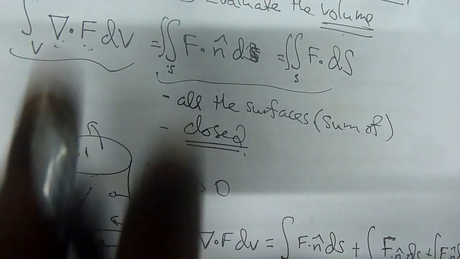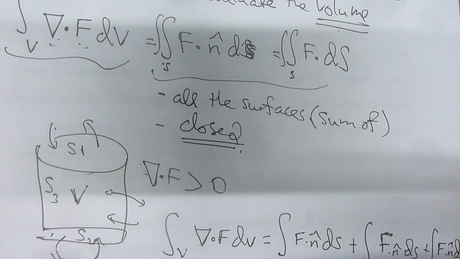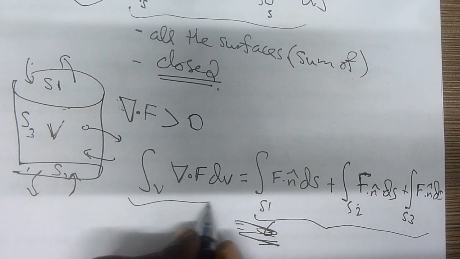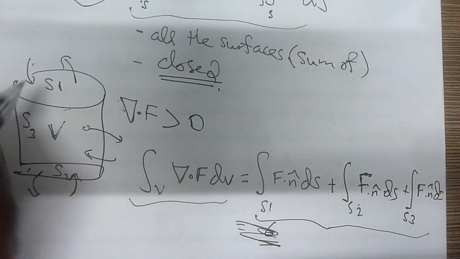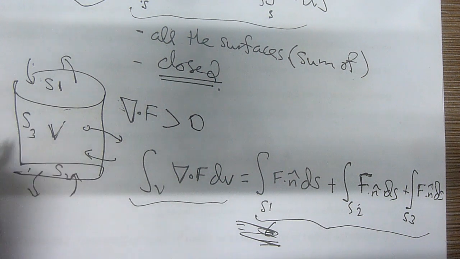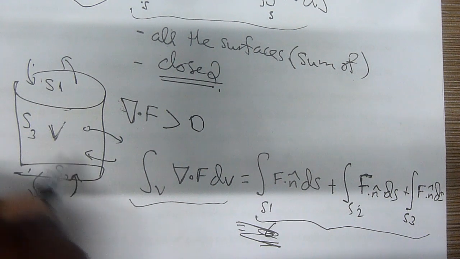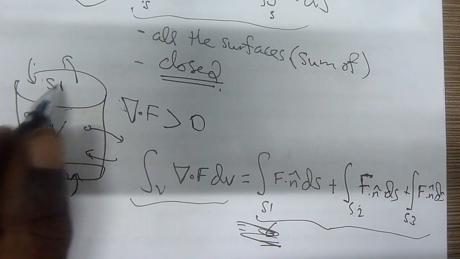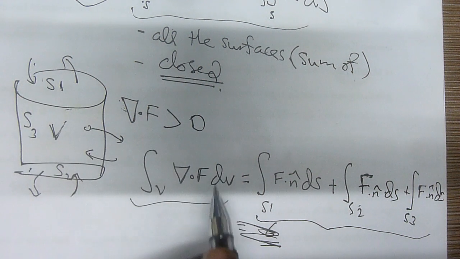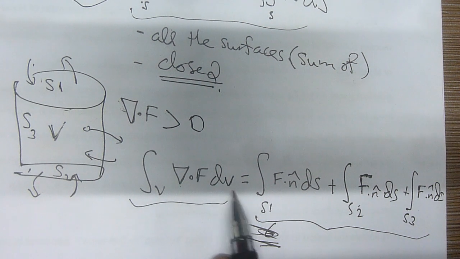But the Gauss divergence theorem helps us solve this problem easily. When you calculate every single surface integral separately, the combination of all of them for a particular volume of a closed system can be calculated by using the divergence theorem, which is Gauss's theorem here.